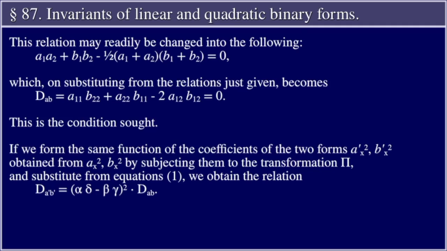If we form the same function of the coefficients of the two forms a sub x prime squared, b sub x prime squared, obtained from a sub x squared, b sub x squared, by subjecting them to the transformation pi, and substitute from equations 1, we obtain the relation d sub a prime b prime equal to the quantity alpha delta minus beta gamma squared times d sub ab.